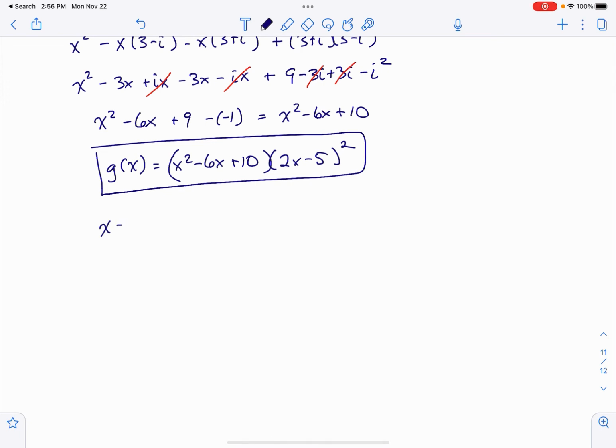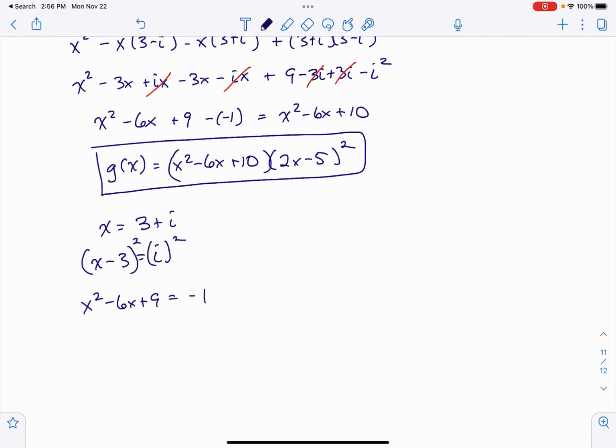If we know that x equals 3 plus i, all you need to do is subtract 3 from both sides to get x minus 3 equals i. Square both sides. So this is x squared minus 6x plus 9, and that of course equals negative 1.